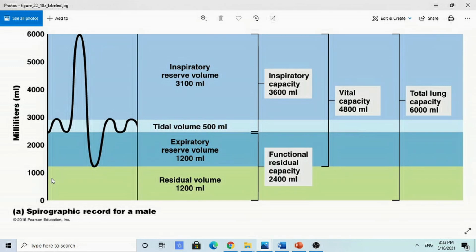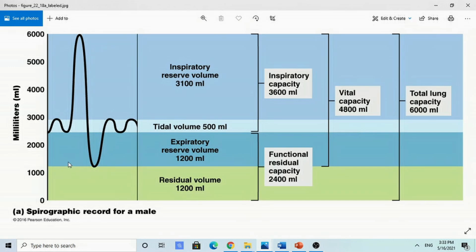That volume left after maximum expiration is known as residual volume and is represented by this part of the graph. So this is the minimum amount of air left in our lungs after we make maximum expiration.